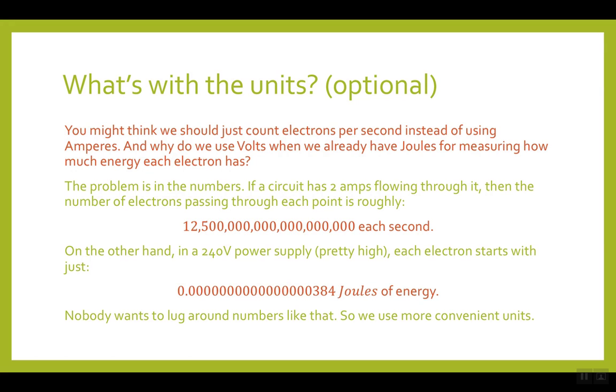If we wanted to measure a voltage in joules instead, we'll get a tiny, tiny number. So basically, volts and amps are much more convenient numbers. They give you nicer numbers which are closer to single digits or 0.1 or 10, which is much easier to use than these massive or tiny numbers.